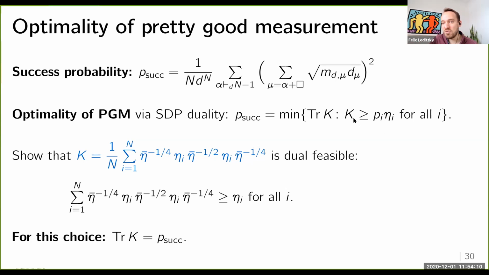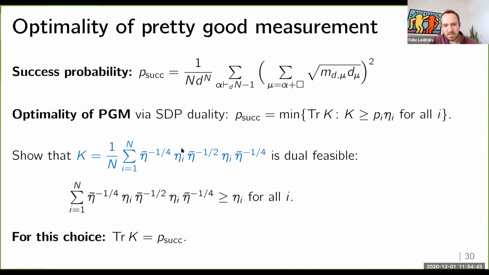And then the value of the optimization problem will be given by the trace of this K. The idea is now to make a judicious choice for this operator K, such that the trace of it is exactly the expression that we get. And then we're done once we show that it's feasible, which means that it satisfies all of these constraints. Since it's a dual program, you usually call these things dual feasible.